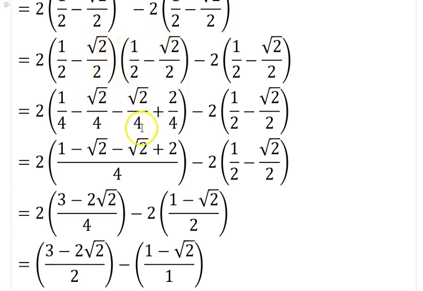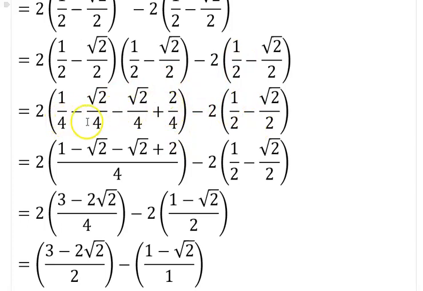Then minus root 2 over 2 times minus root 2 over 2: root 2 times root 2 will give us 2. If you have not seen surd on our video, kindly check it out. Root 2 times root 2 is 2, and 2 times 2 down here is 4. So we've been able to open up this one, and this one still remains.